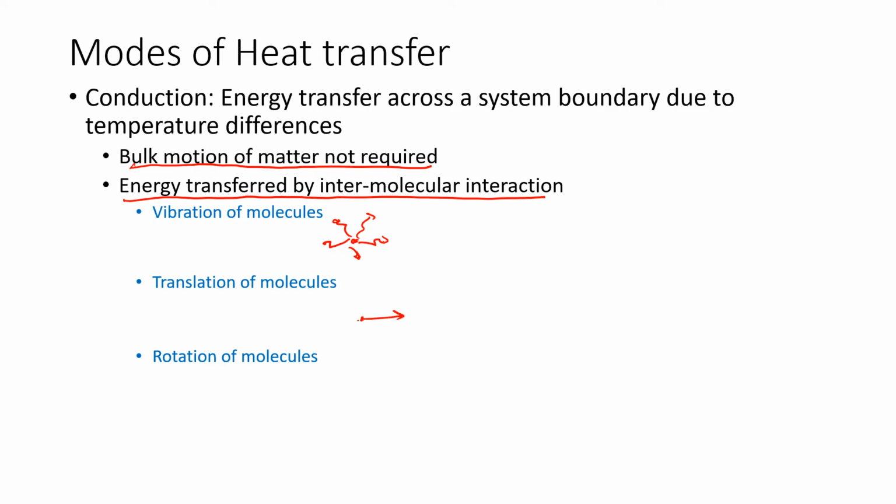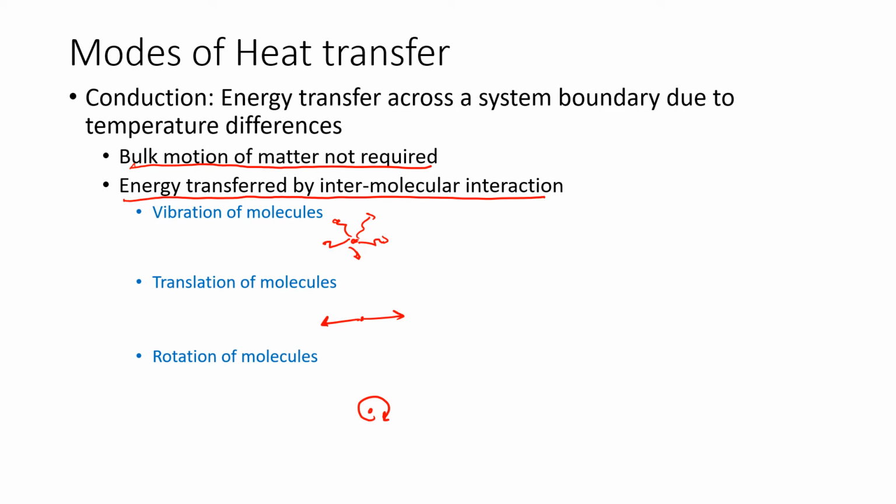The molecules can also translate about in a lattice of a solid or in a fluid and transfer energy by collision to surrounding particles or molecules, or they may transfer energy by rotating about themselves. These are the three ways in which energy can be transferred by collision, and this mode is called conduction.